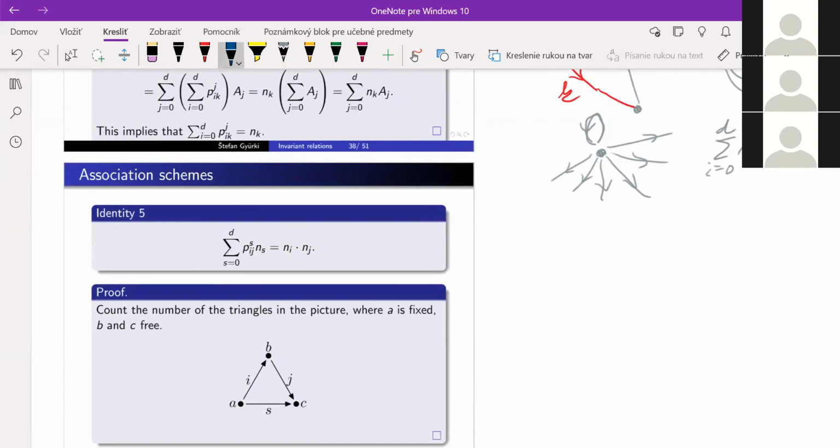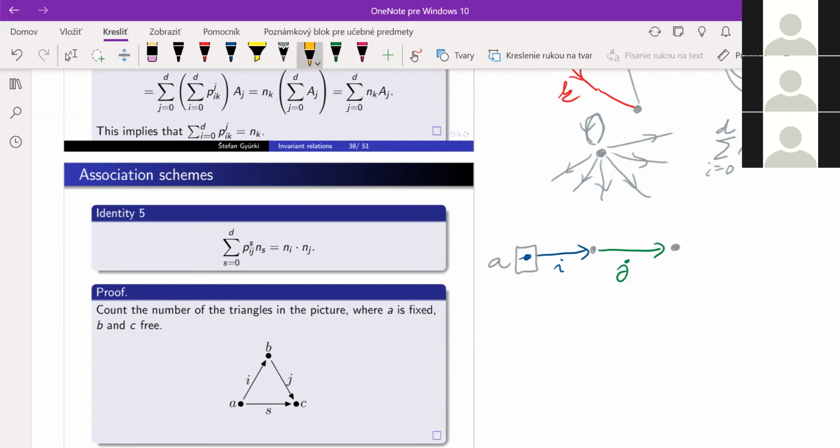This simply holds because if you choose colors i and j, these are fixed in the sum, then you can simply count from a fixed vertex, say a, how many vertices can be reached exactly using these two walks.